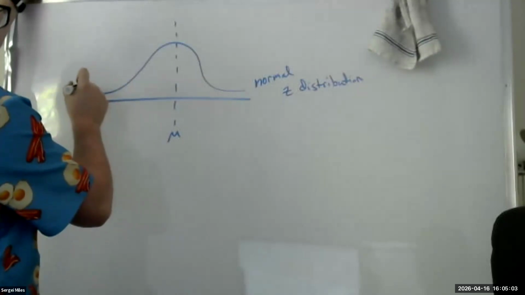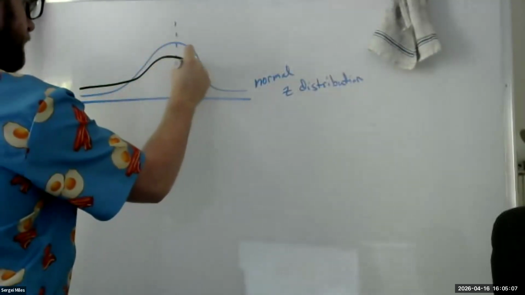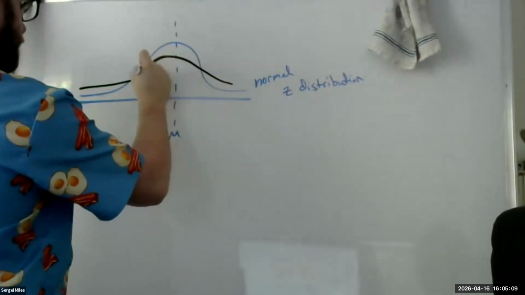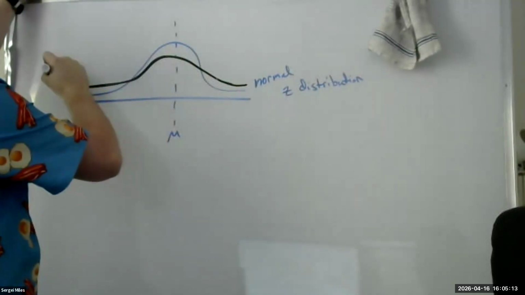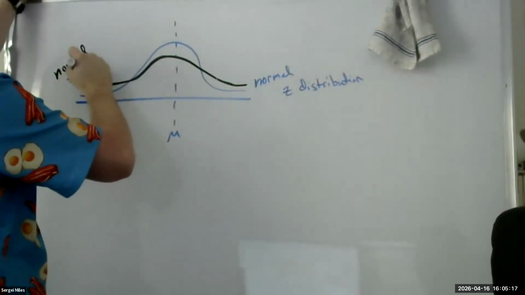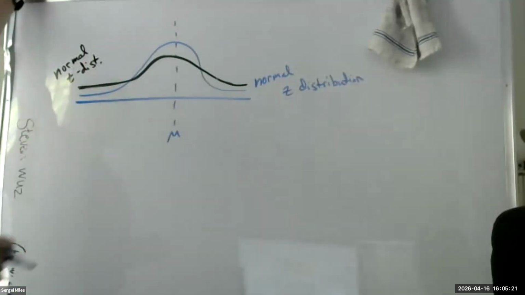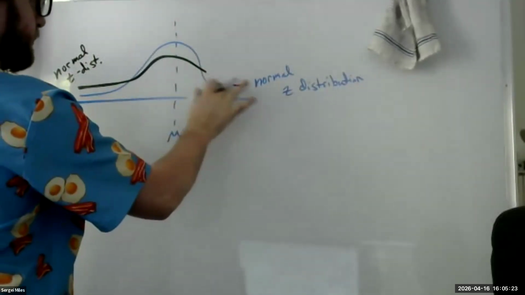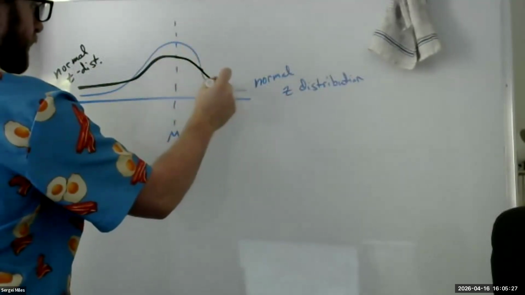And so for a t distribution, it sometimes may look something like this instead. All right, so this is the t distribution, okay? And unfortunately, it's just not as accurate as the z.